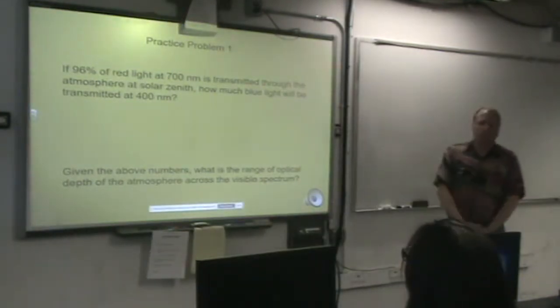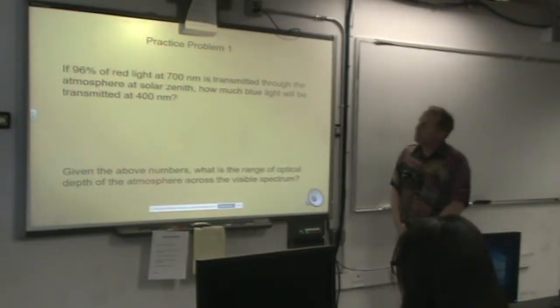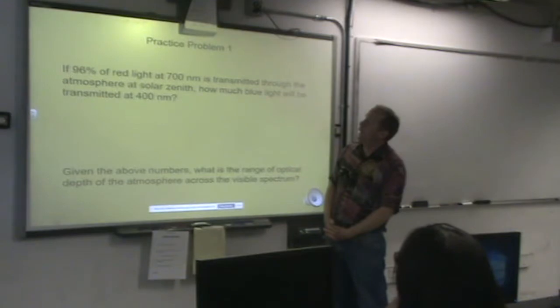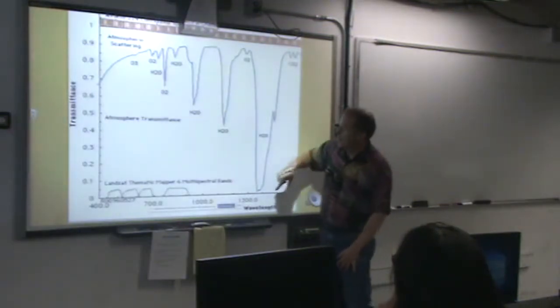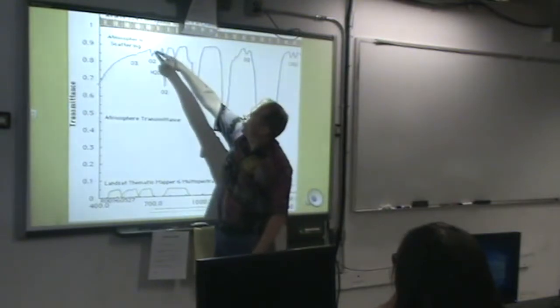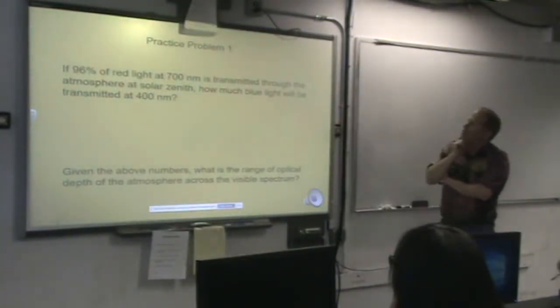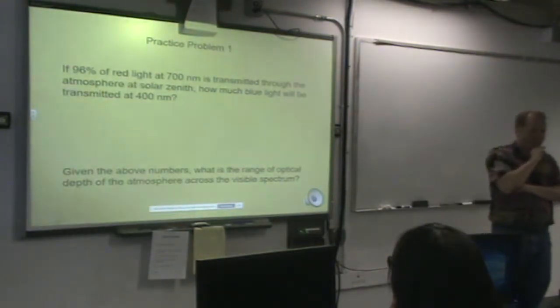So, we're going to do a little practice problem here. 96% of red light at 700 nanometers is transmitted through the atmosphere at solar zenith. We're up there about 96%. Okay? How much blue light would be transmitted at 400 nanometers?